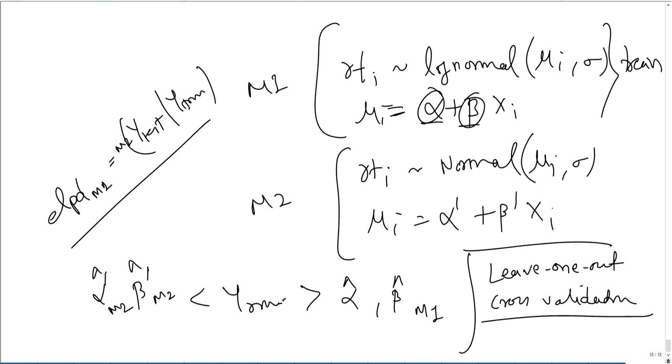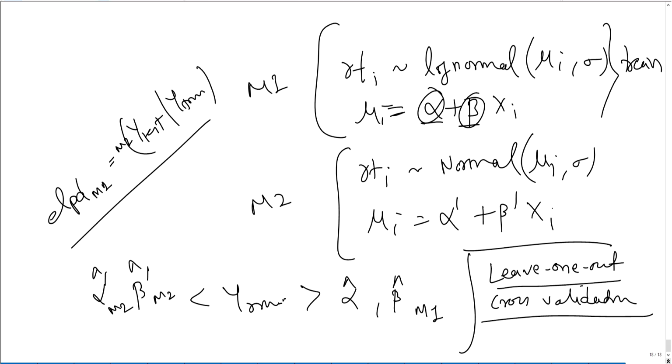So let's say if your data has 2000 data points, then one of the data points would be the test set and all the remaining ones will be the training set. So that's why the name leave one out. So leave one data point out as the test set and train your model on the remaining n minus 1 data points, right? And you do this iteratively n number of times.